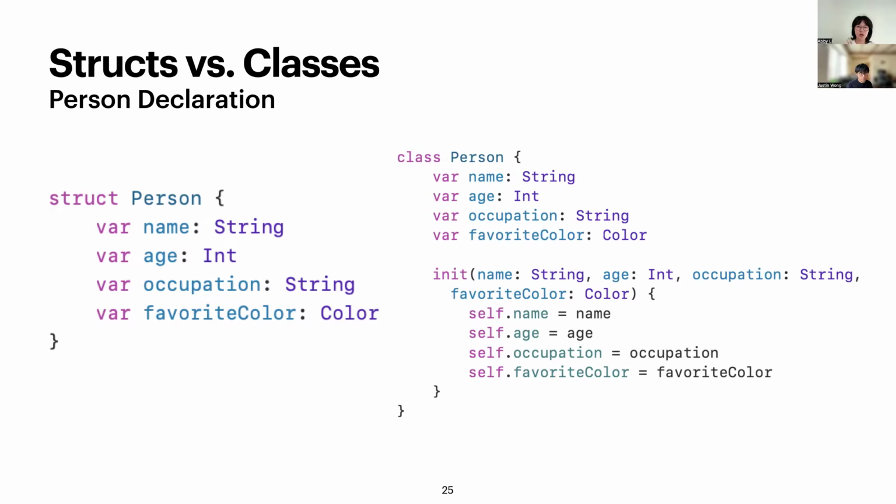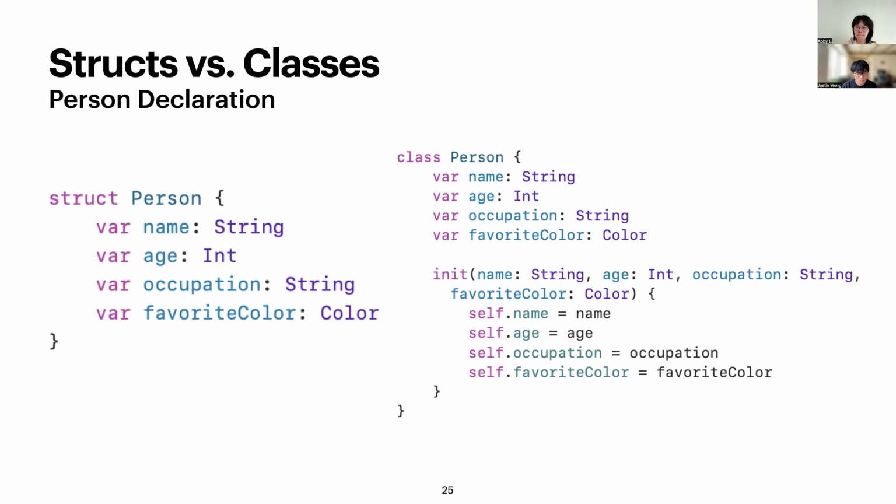Both can store properties, define methods, use subscripts, have initializers, be extended, and conform to protocols. So the difference is not that one can do everything and the other can't. The real difference is in behavior and semantics.